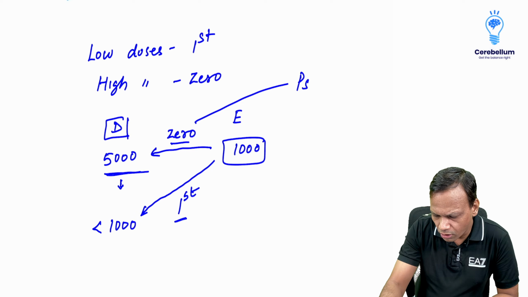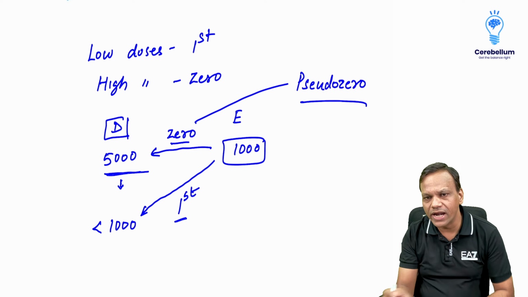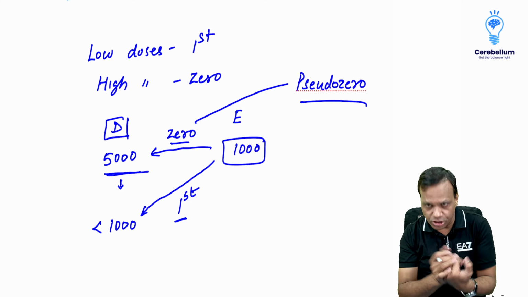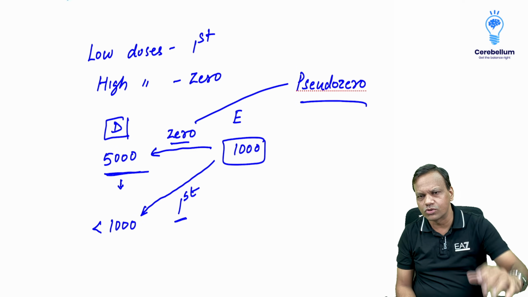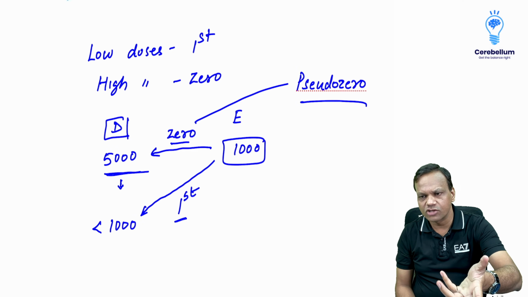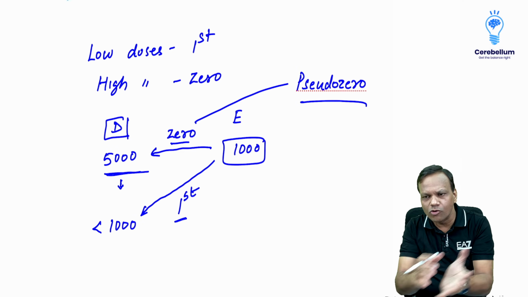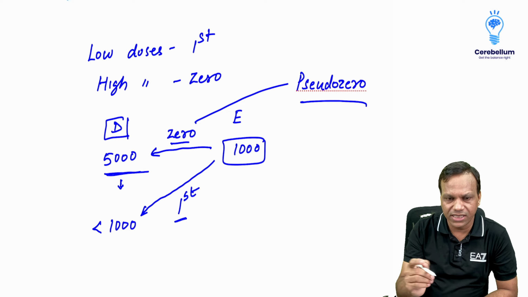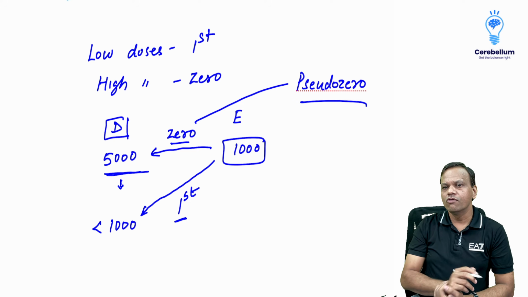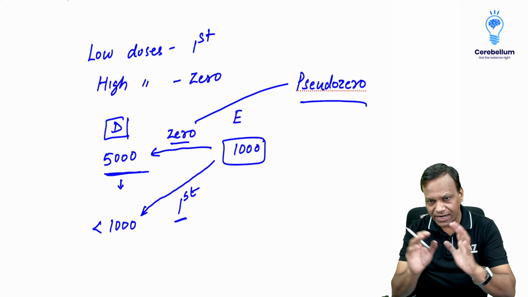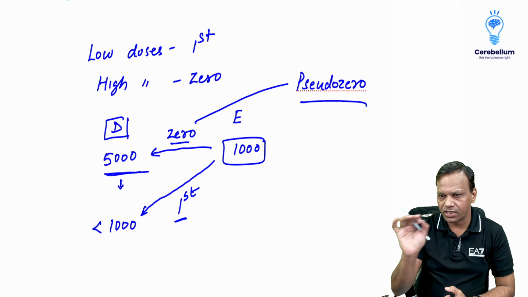It is usually called pseudo zero order kinetics because at some point it is definitely going to change to first order. Alcohol is the one which converts to first order only at very low levels. So we assume it is almost always following zero order. But most other drugs start with zero order, and at low concentrations they will go to first order. Clear? So any drug at low dose can follow first order kinetics.